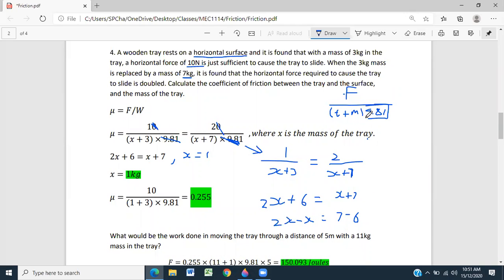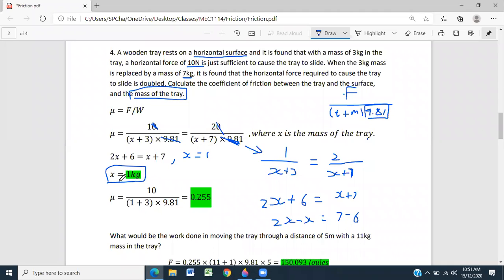So it's not weight anymore. X is 1 kg. If you worked it differently and you kept the 9.81 in here and multiplied your 7 kg times 9.81, you would end up with weight, and then you divide by the 9.81 again to find the mass of the tray, right? So great. One goal, the mass of the tray.